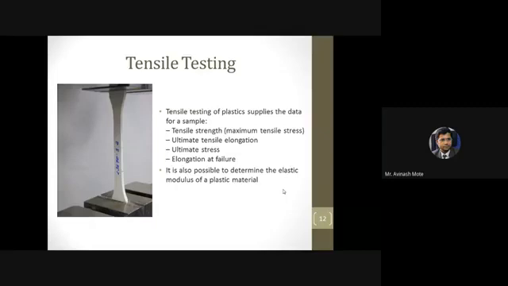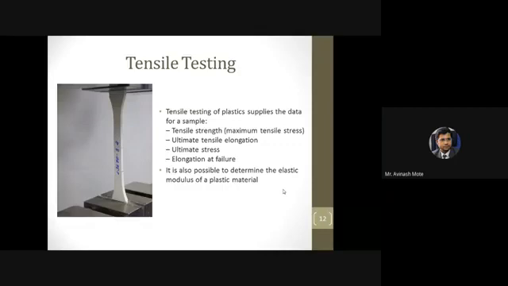Engineering strain is not used in industry for practical applications; true strain is used. True strain is the instantaneous change in length.